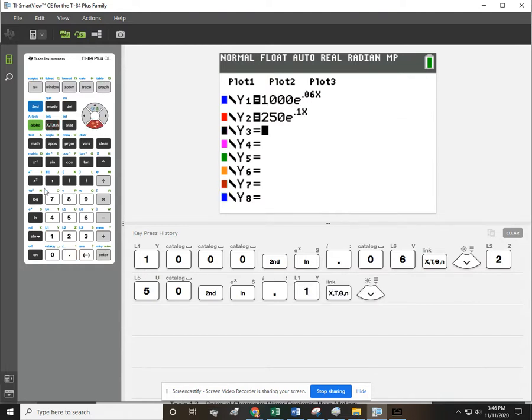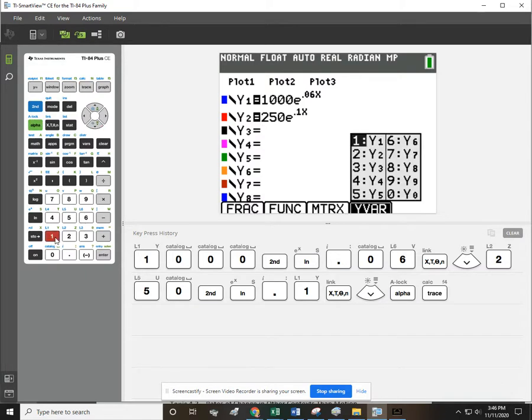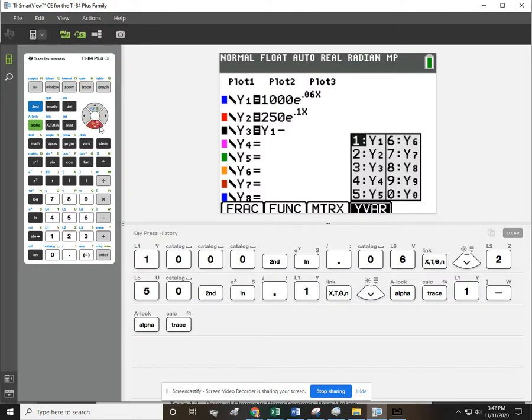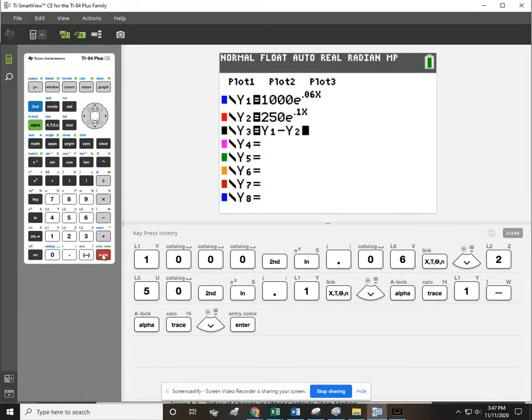And then the y3 function is going to be my rate in minus my rate out. And that function is going to give you how the penguin population is changing over time, how fast. And we want to know if the penguin population is increasing or decreasing at 5 years.